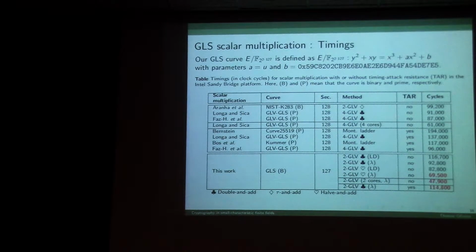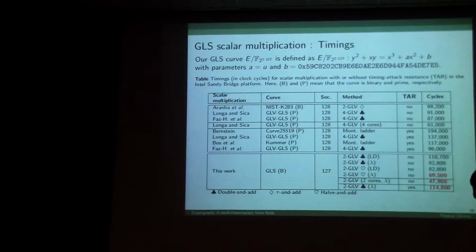127 is 2 to the 7 minus 1. Yes. Is this form of the parameter 127 relevant for this behavior? Well, for the GLS to be safe against the GHS attack, this M must be prime.